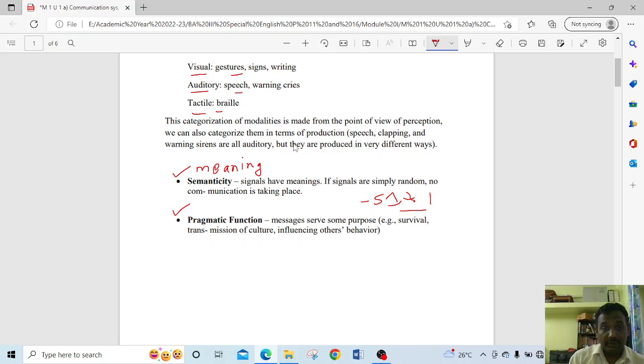Now the third common feature of any communication system is pragmatic function. Pragmatic here means useful, working function. So messages which are sent or given have some purpose.